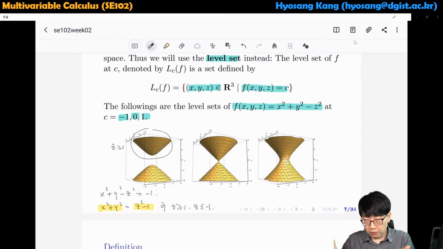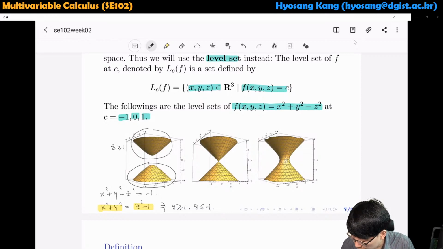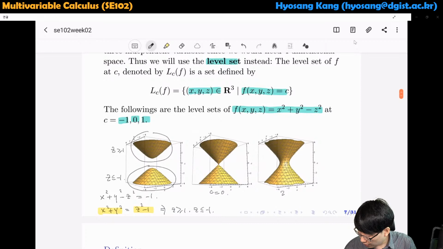So you have an oval above this z equals 1 plane, right? And this is when z is less than or equal to -1. So same thing for the other pictures. This is when c equals 0, and this is when c equals 1.